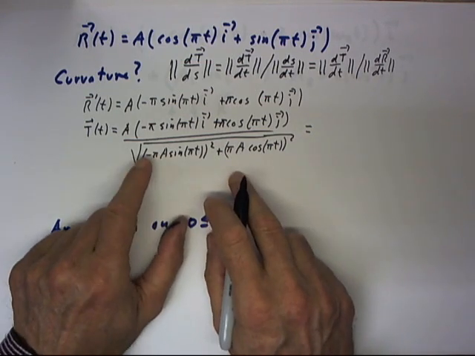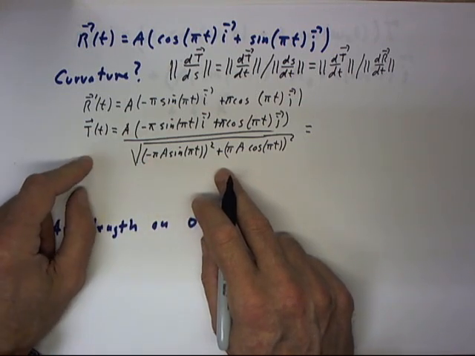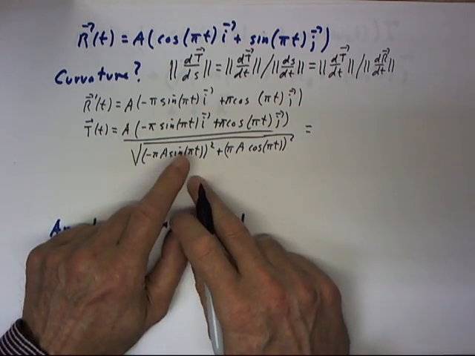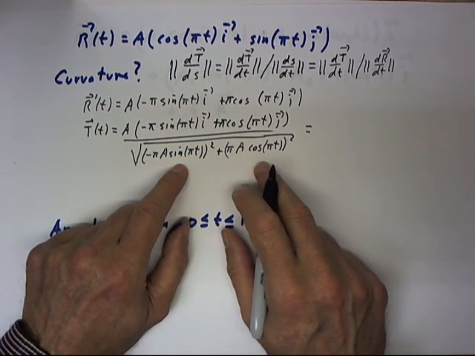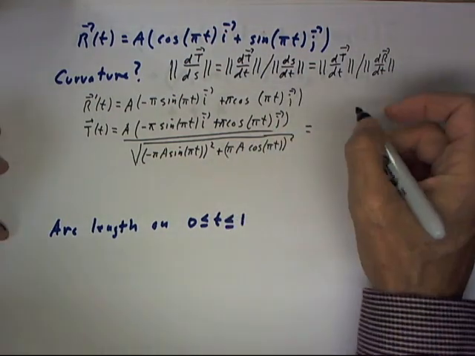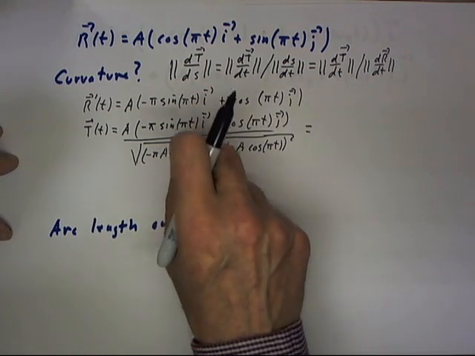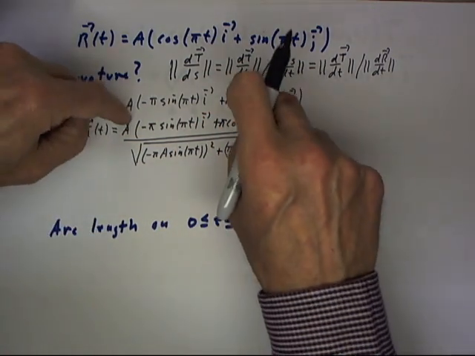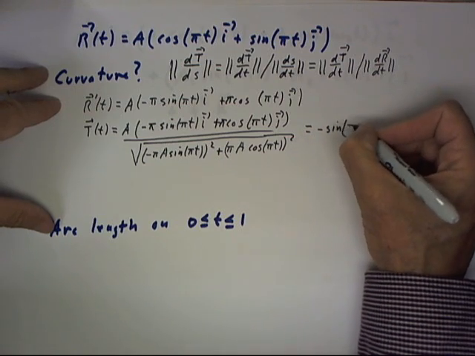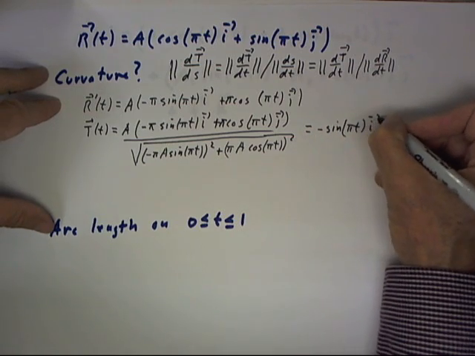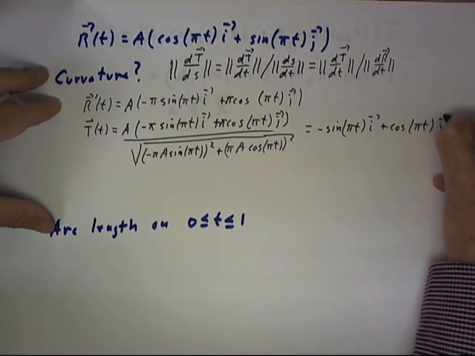We're going to be able to factor out a pi squared a squared from this term, and then a pi a from the square root, leaving us sine squared of pi t plus cosine squared of pi t, and that's going to be 1. So our denominator just becomes pi a, and when we divide pi a into what we have here, we just end up with negative sine of pi t i plus cosine of pi t j.